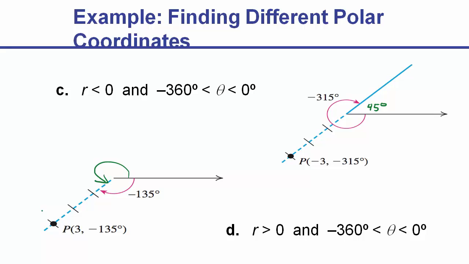Okay, so have we beaten this dead horse, right? You get the idea that we can do this over and over and over again. We can orient ourselves in the direction we need to go or exactly 180 degrees off of the direction we need to go, and then we can walk forward if we're oriented in the right direction, or we can walk backwards if we're oriented 180 degrees off.